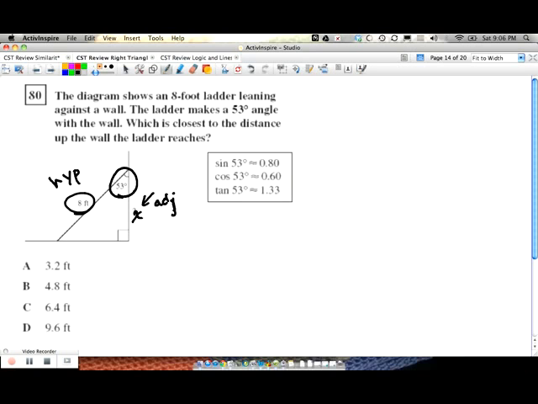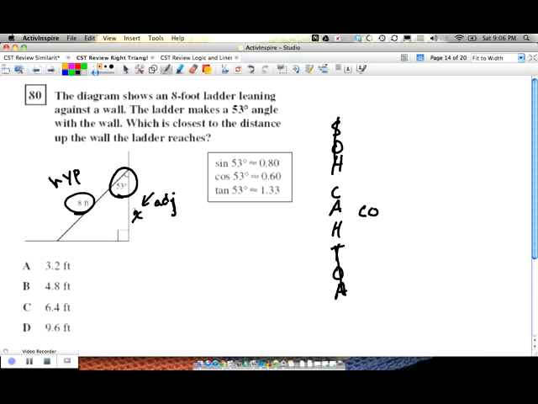It's not opposite. It's adjacent because it's right next to the angle. So if I go back to my acronym, SOH CAH TOA, I know that it's not sine because that uses opposite. Well, so does tangent. So it's got to be cosine because it doesn't use the opposite. It uses the adjacent and the hypotenuse.